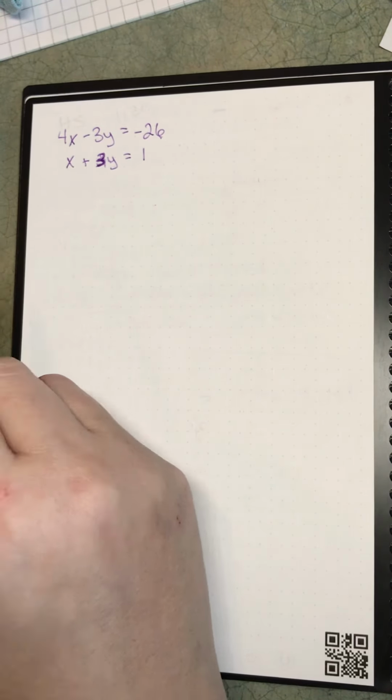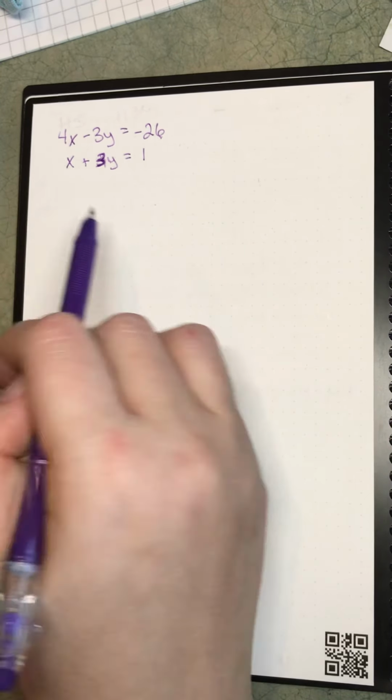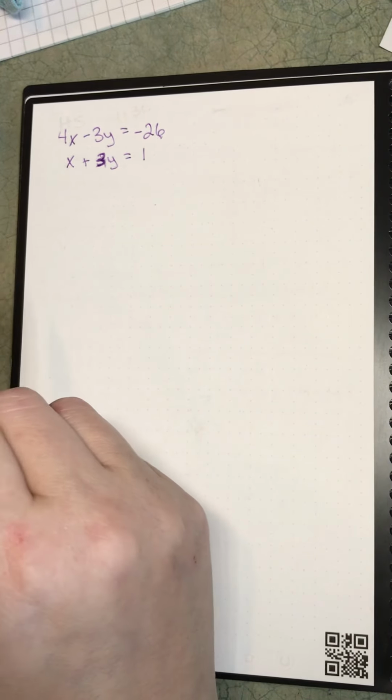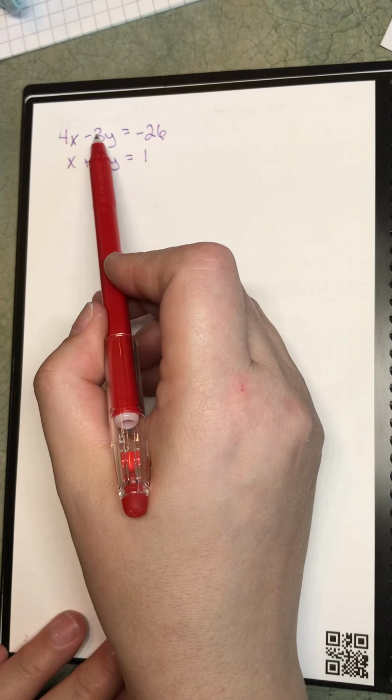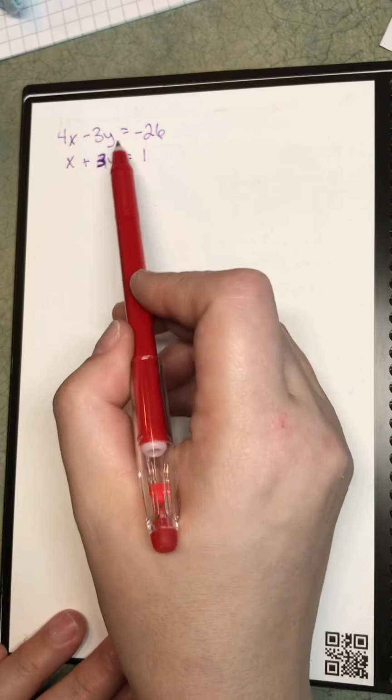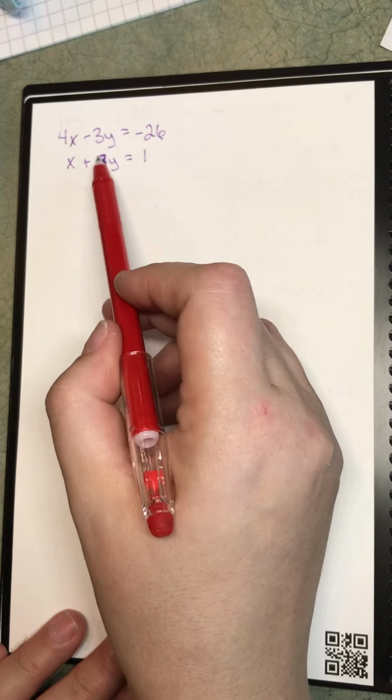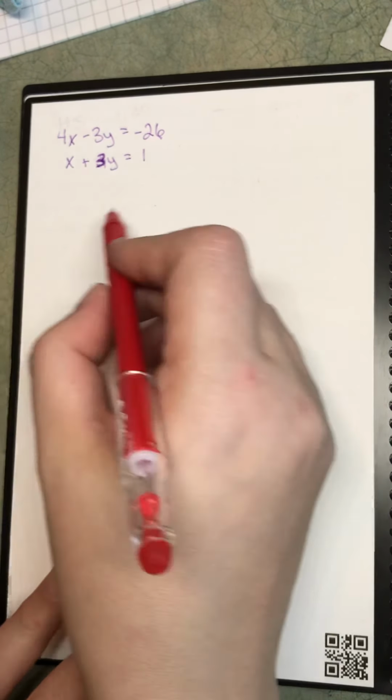In this case, we're going to eliminate y again. It could have been x, it's just a coincidence that both of these are eliminating y. But I notice that if I add negative 3 plus 3, then that's going to get me 0. So that will be eliminated.